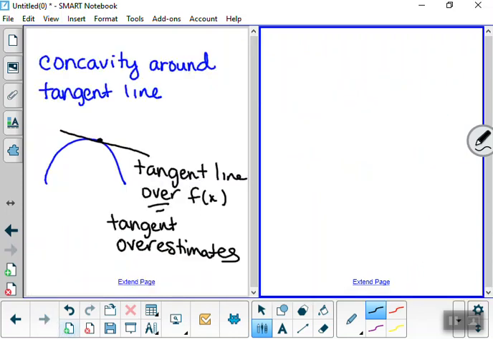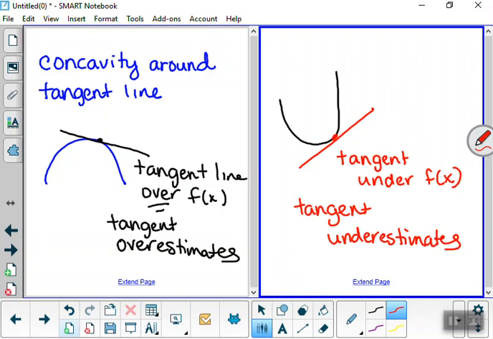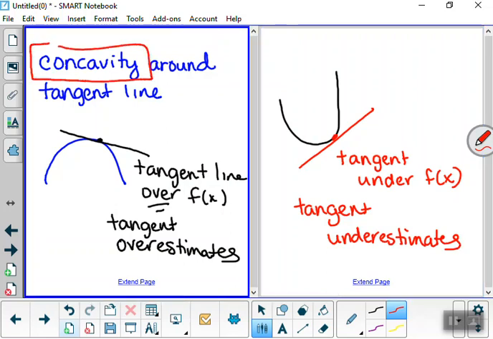If we've got the alternate scenario where, because of the function being concave up, the tangent line is under f of x, the tangent underestimates. So, knowing whether what you figured out is an overestimation or underestimation has everything to do with concavity.